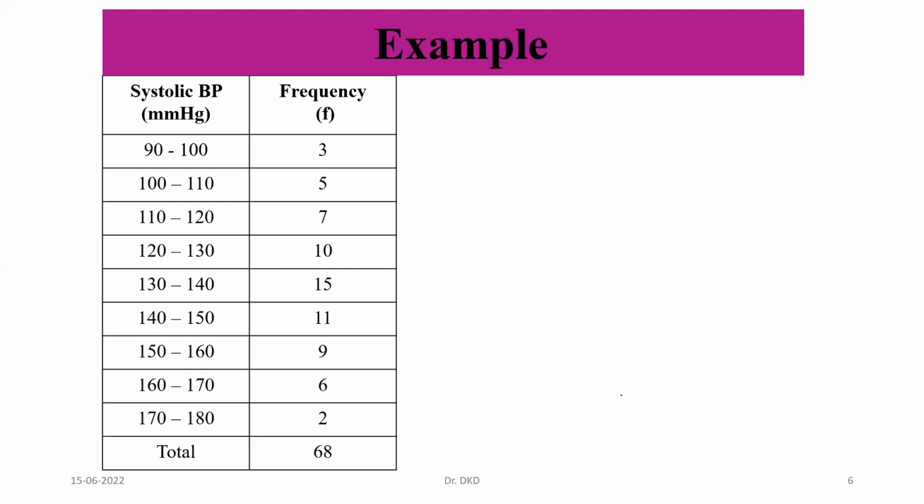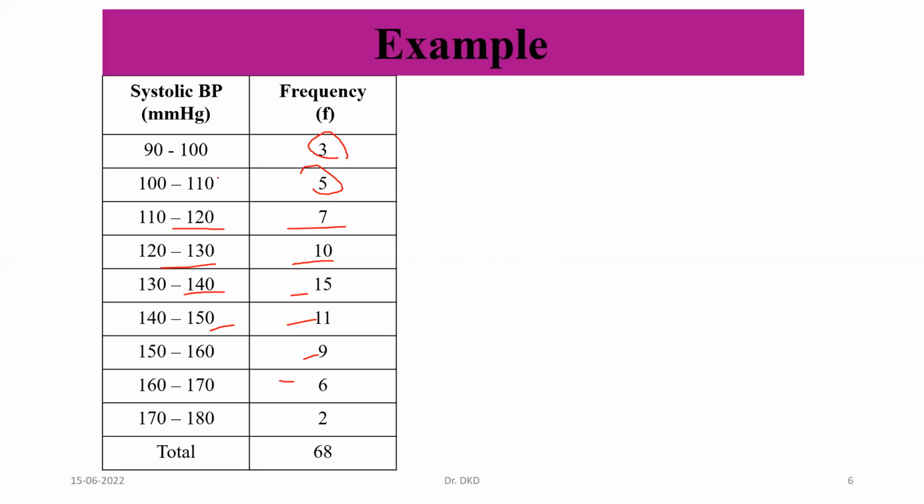Now we have an example: systolic blood pressure is given here, 90 to 100 with three patients, 100 to 110 with 5, 110 to 120 which is 7, 120 to 130 which is 10, 130 to 140 which is 15, 140 to 150 which is 11, and 150 to 160 is 9, and so on. Here we have to calculate the range.